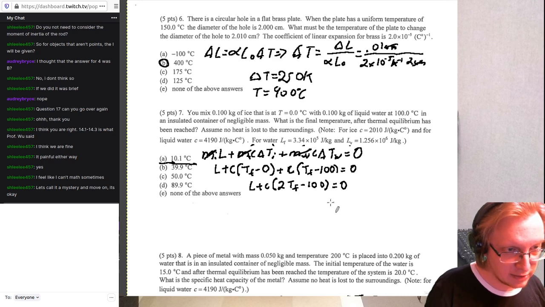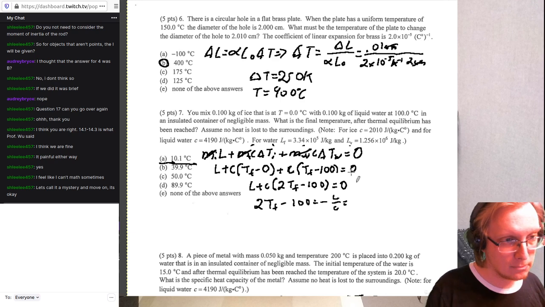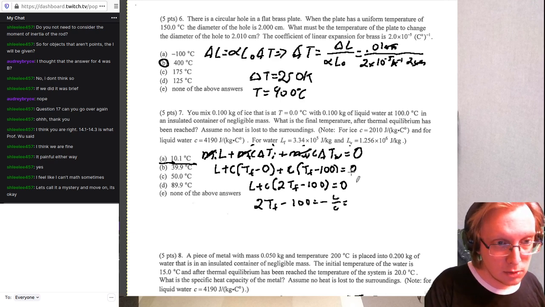Move the L to the other side and divide by C. 2TF minus 100 equals minus L divided by C. Where's my L? 3.34 E5 divided by C, 4190.